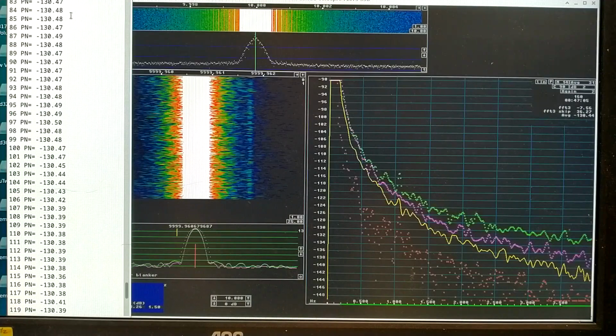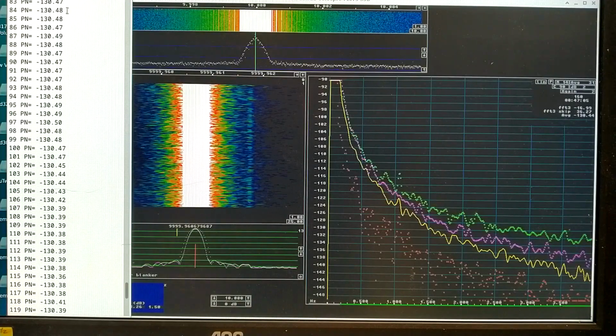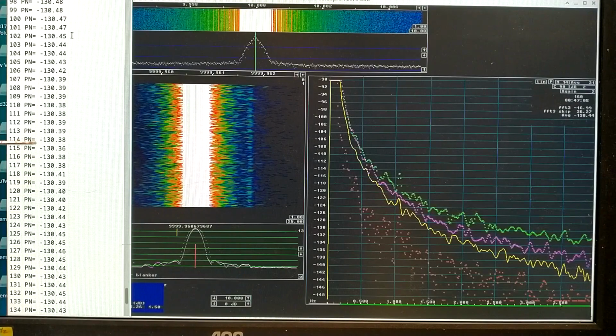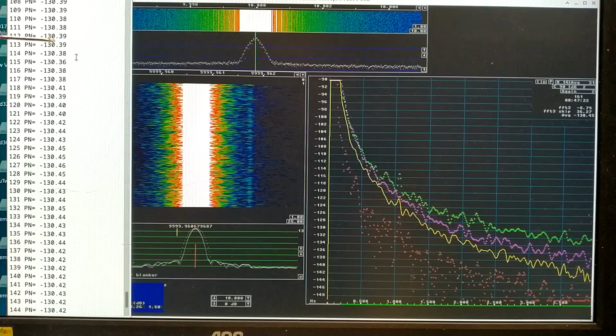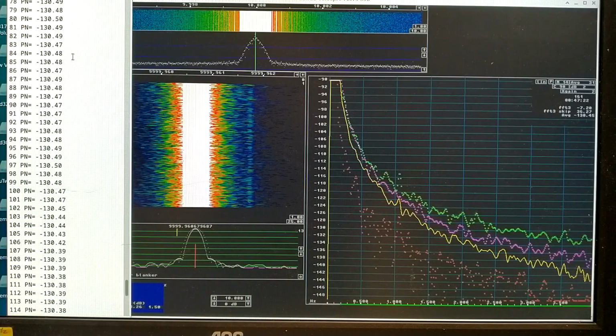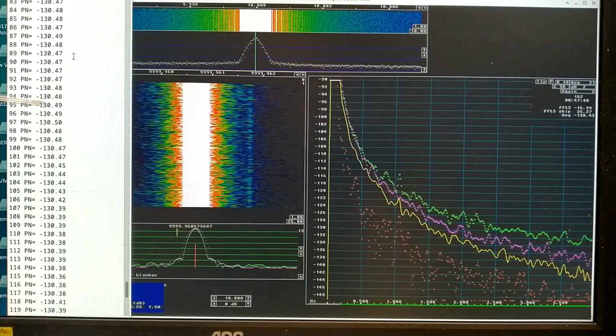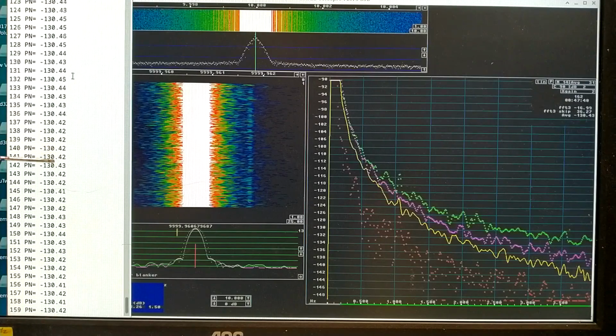The largest deviation from the value I noted, 130.48 here, is 130.36 downwards, and 130.50 at 0.97.